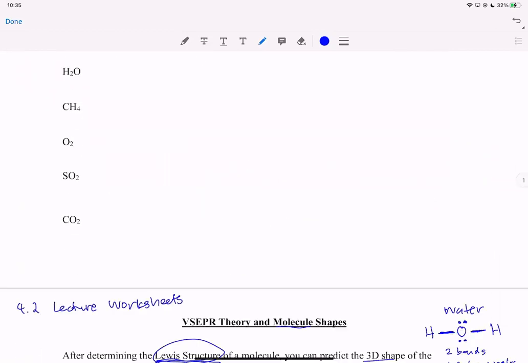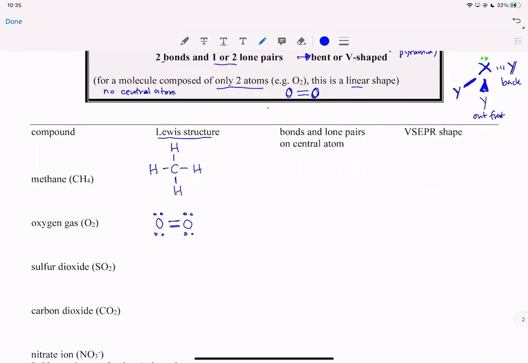Yes. Okay. And then we also had sulfur dioxide, which is a sulfur, and the oxygen on one side has a double bond and 2 lone pairs, one above and below. So that's a double bond. And then a single bond with an oxygen, and then there's lone pairs on the oxygen. And then there's also one more lone pair on the central sulfur atom.